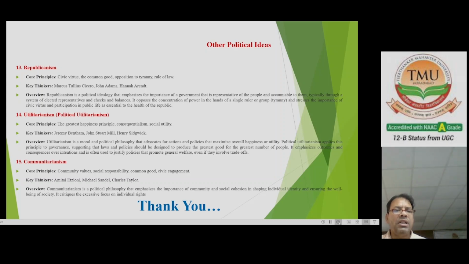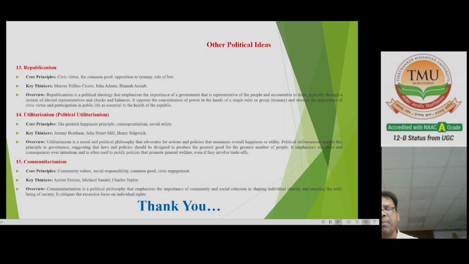Next is utilitarianism, political utilitarianism. Its core principles are the greatest happiness principle and social utility. Utilitarianism is a moral and political philosophy that advocates for actions and policies that maximize overall happiness or utility.